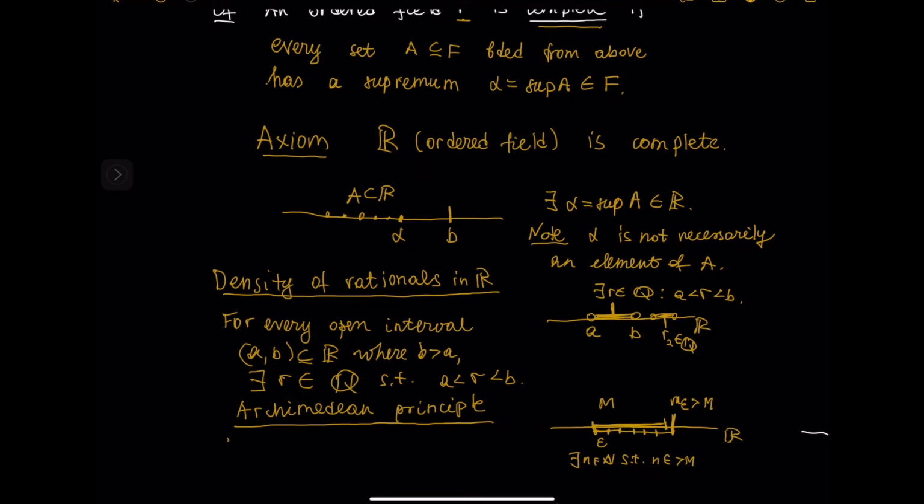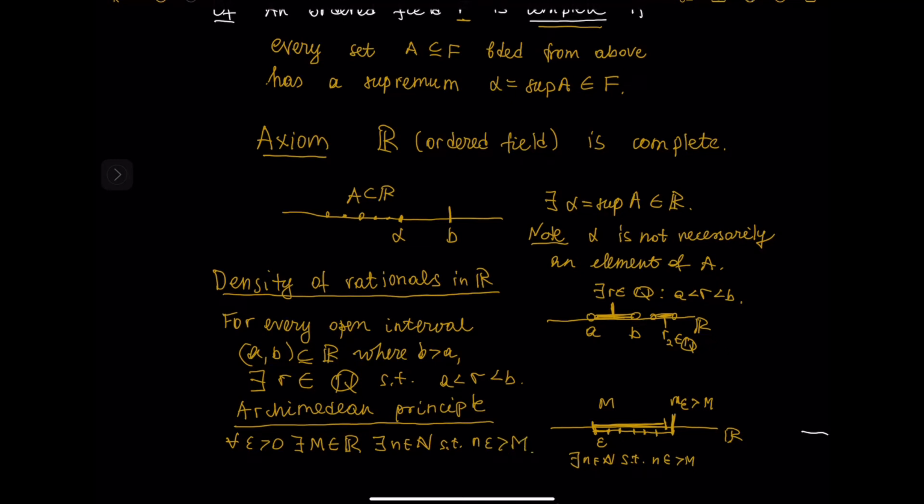So let us write this down. For every epsilon greater than 0, for every m real number, so it's actually true even if m is negative, there exists a natural number n such that n epsilon is greater than m.